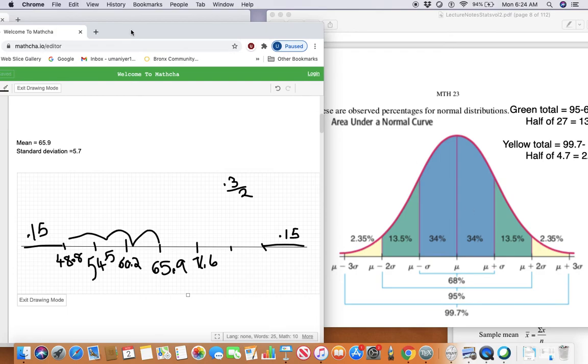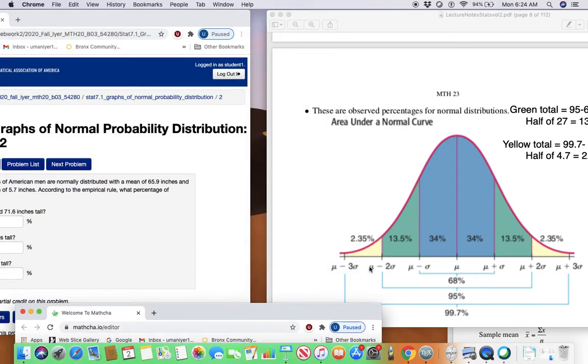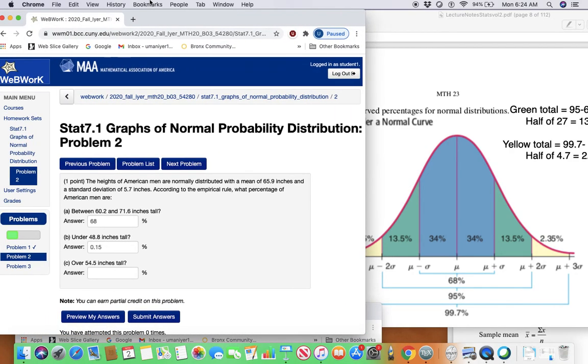There is an easy way to add everything starting from here. Mu minus 2 sigma, two standard deviations to here, is 95 already.